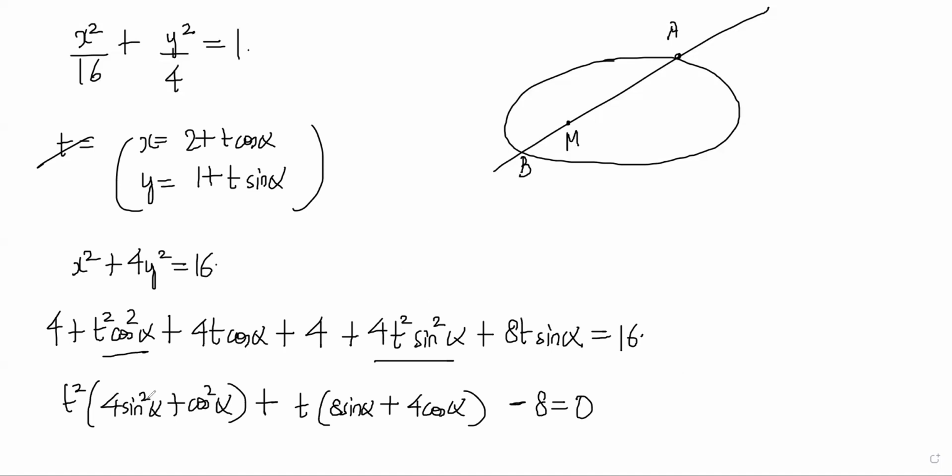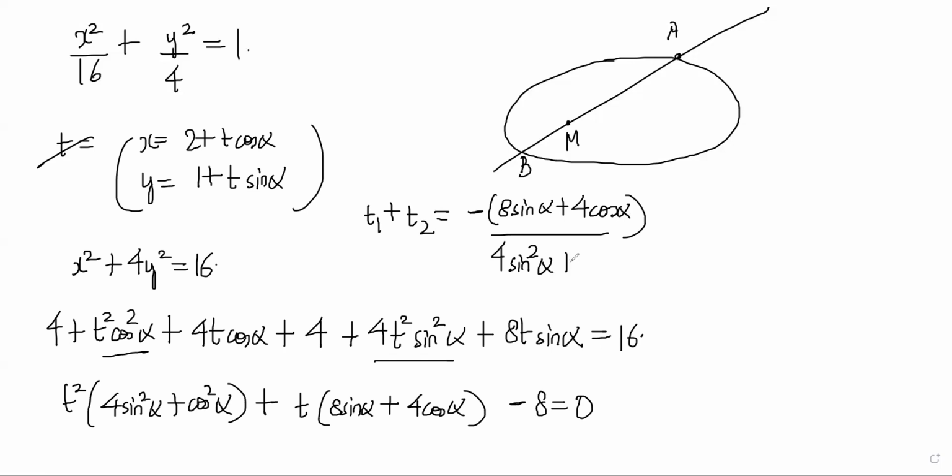This is the equation, and from here we are getting t1 plus t2 is equal to minus of 8 sine alpha plus 4 cos alpha by 4 sine square alpha plus cos square alpha, and we are getting t1 t2 is equal to minus 8 by 4 sine square alpha plus cos square alpha.